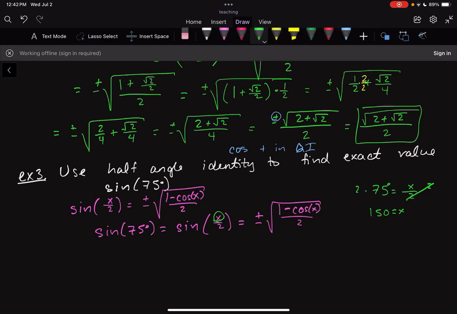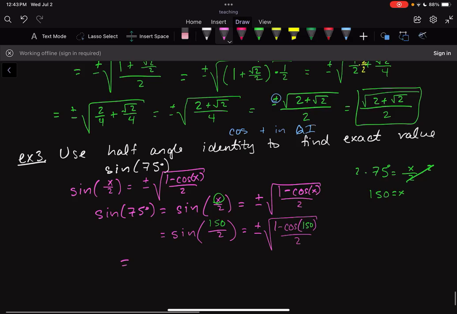So I'm going to write that in. I'm trying to color code a little bit. So I get sine of 150 divided by 2 is equal to plus or minus the square root of 1 minus cosine 150.